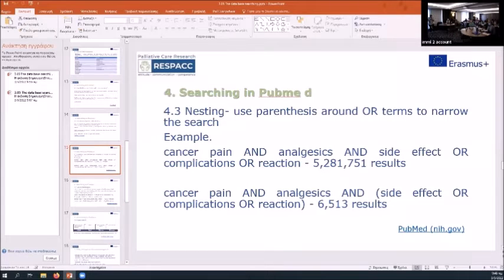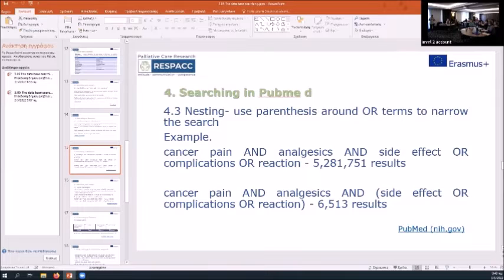And actually what I'm trying to do here is give synonyms for similar terms for side effects. And so I say, I want either side effects, or complication, or secondary reactions, and then I have this or. But in order for the database to understand that this is one group, I have to group them together, because otherwise it will say this and this and this plus what is here plus what is here.